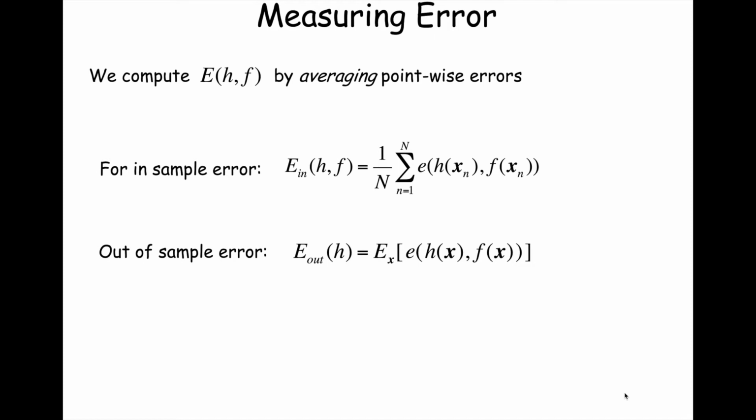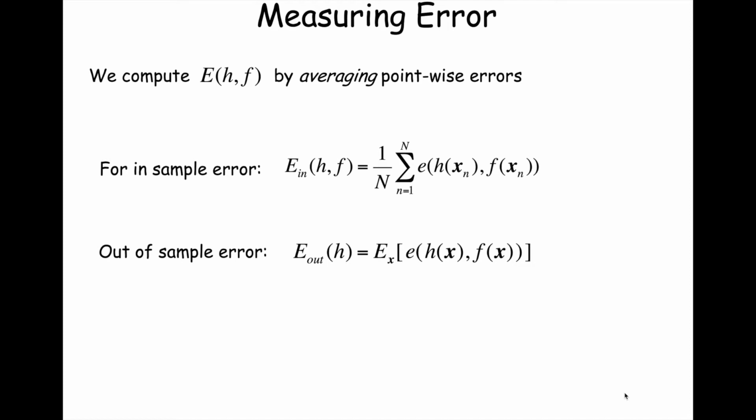They're discrete. And so we sum for n goes from 1 to big N, the pointwise error between the current working hypothesis evaluated on xn and the ground truth target function evaluated on xn. So that's for in-sample error. And we have that summation because you have a discrete set of in-sample points over which you compute your in-sample error, and we take the average.